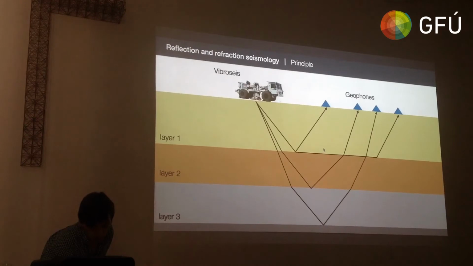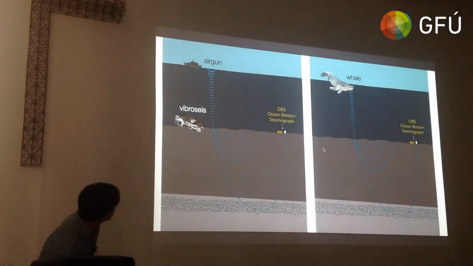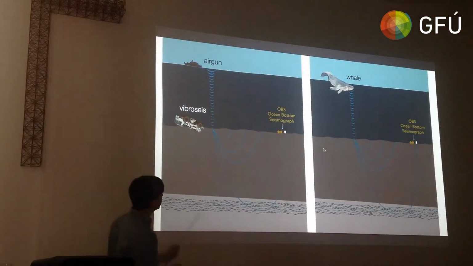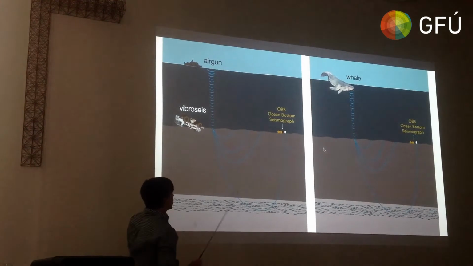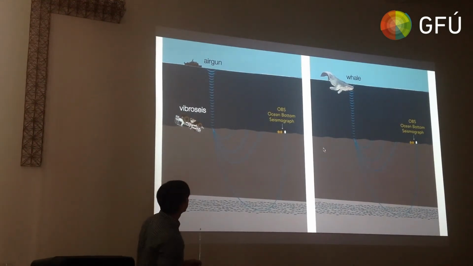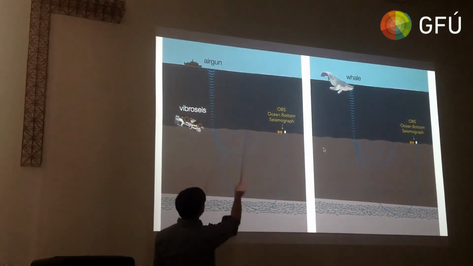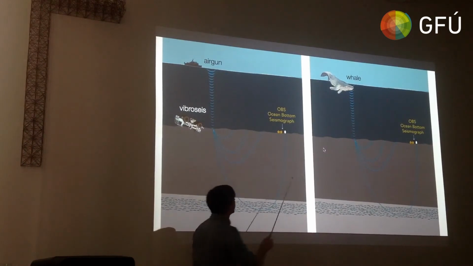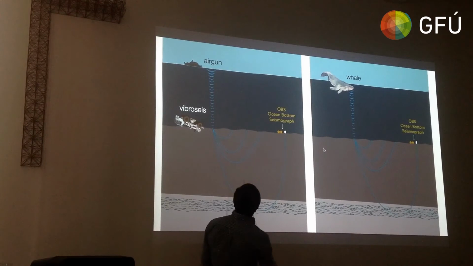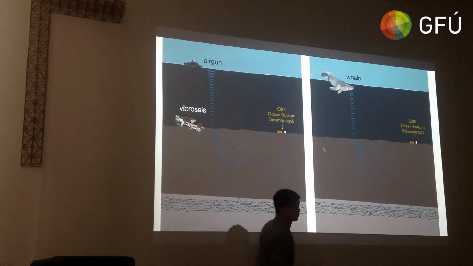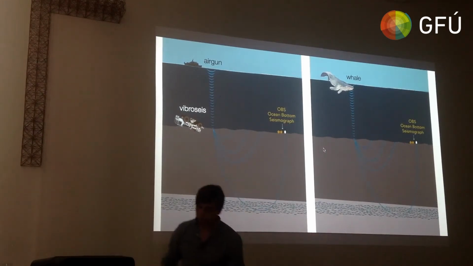And because we can't really take whales on the ground, and vibroseis cannot work in the ocean, people normally use air guns. So they just come with boats and blast those air guns and record it on either streamers on the surface of the water or ocean bottom seismometers. And I'm trying to do the same with actually whales. It's the same principle.